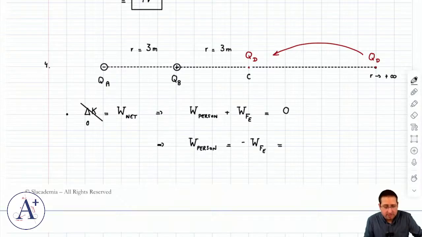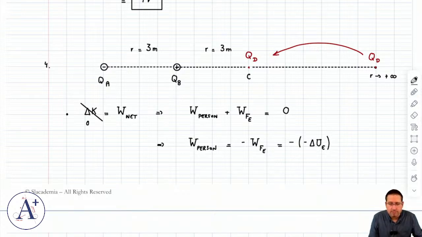Now here we got to go back to mechanics. If I have a conservative force, the work done by the conservative force is minus delta U, minus the change in the associated potential energy. So the work from the electric force itself is minus delta UE. That's because Fe is a conservative force.